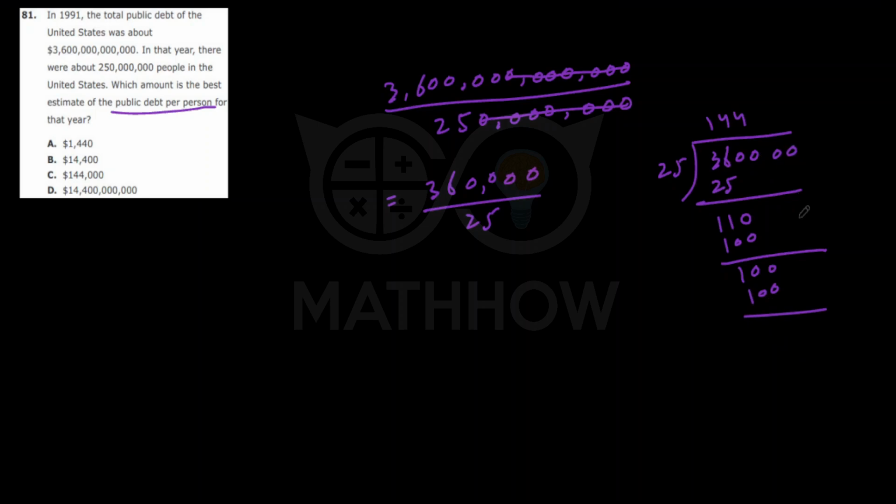And these zeros will cancel out. So the final result is 14,400, which is the public debt per person for the year 1991. So the correct answer is option B.